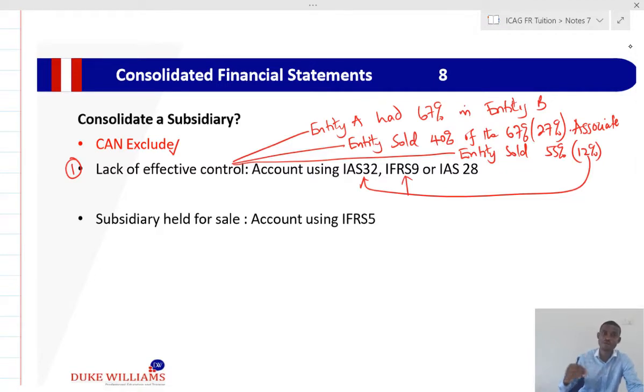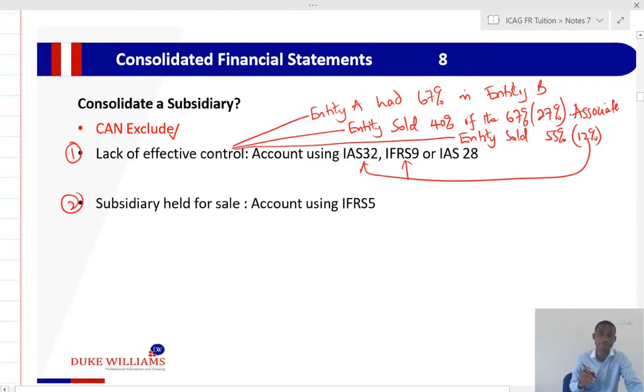If they have lost the majority of the board of directors, it means that effectively they do not have the power to govern, because when it comes to decision making, they cannot win, they cannot carry the day. They are not able to cast a majority vote because they do not have the majority. So it's important we know that entity A can have 67%, which is more than 50, but still would not have effective control.